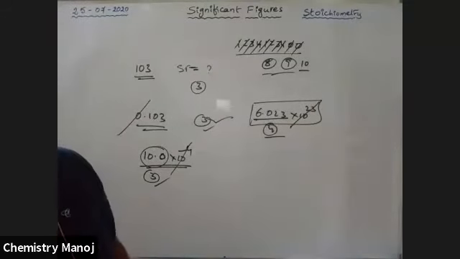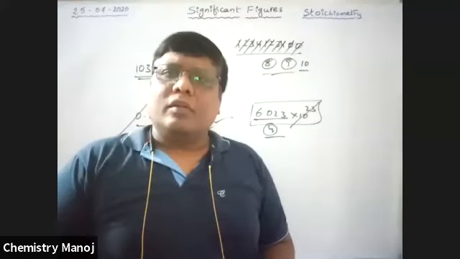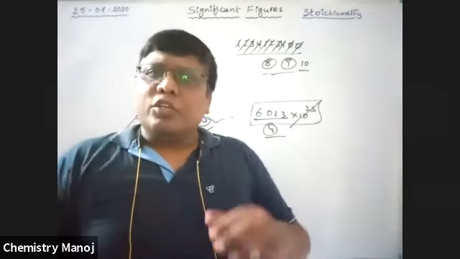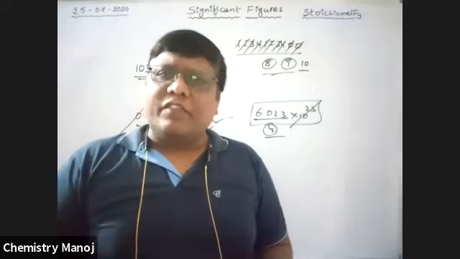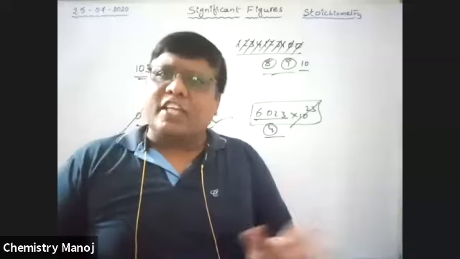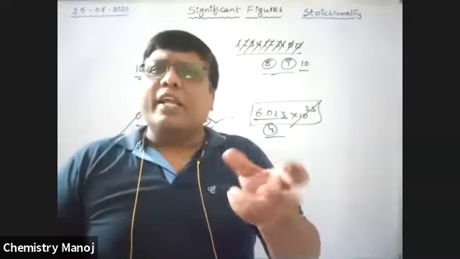Is the concept clear, boys? Now, during addition and subtraction, how do we identify the significant figures? Multiplication and division are one category, and addition and subtraction are another. After that, there is rounding off.